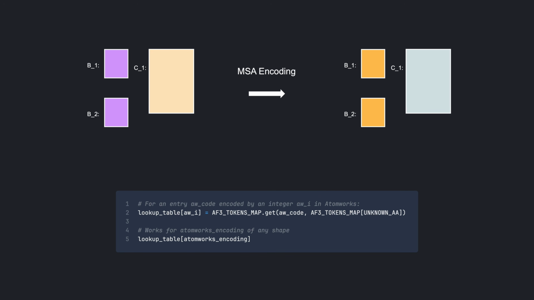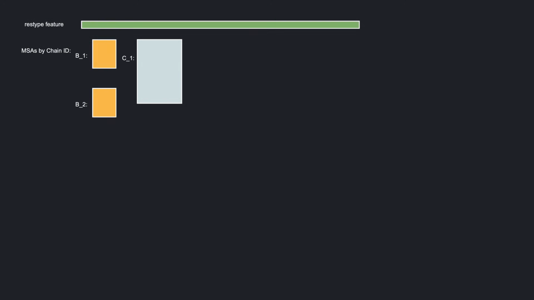Basically, we can just create a lookup table such that lookup at AtomWorks ID is equal to AlphaFold ID for corresponding encodings, and then use integer indexing to transfer the encoding as lookup at AtomWorks encoding. With this indexing, the AtomWorks encoding can have any shape we want, and it works because of the rules of integer indexing.